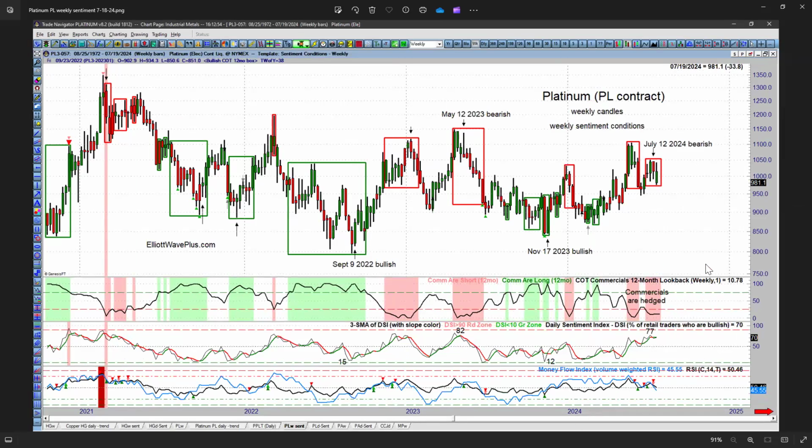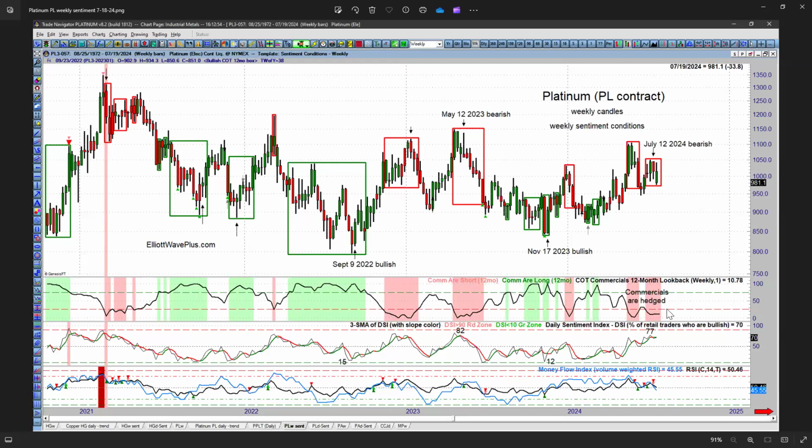Now, it's my opinion that with a completely bearish spread showing up in platinum, copper, and silver, we're on the cusp of a recession. But you don't have to come to that conclusion if you don't want to.